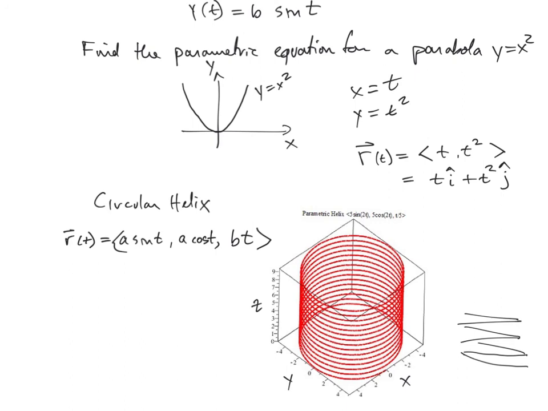The larger b is, the larger the gap between coils in my helix. If I make b a large number, that means z increases very rapidly as I go around the circle once. If I make b very small, then the coil spacing is a lot smaller. We actually call that the pitch of the helix.